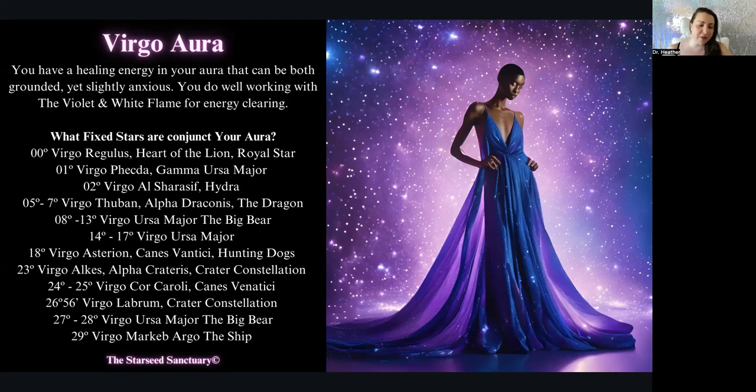And then 23 degrees will be Alkes, Alpha Crateris in the Crater constellation. 24 to 25 degrees of Virgo is going to be Cor Caroli, another star in Canes Venatici. 26 degrees will be conjunct Crater constellation. 27, 28 is going to be Ursa Major, and 29 degrees will be one of the stars in Argo, the ship. We have an upcoming eclipse that'll be aligned with that in the fall of 2025.